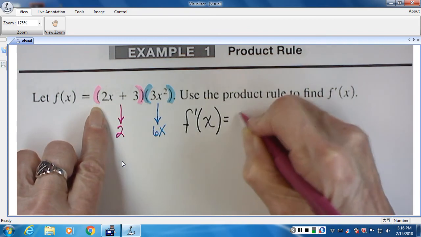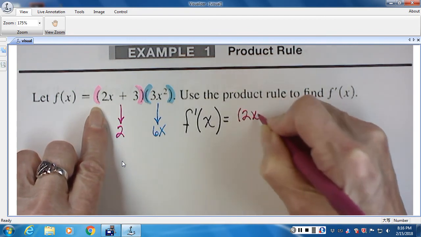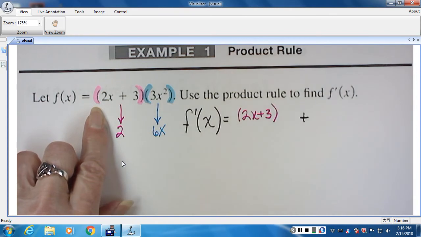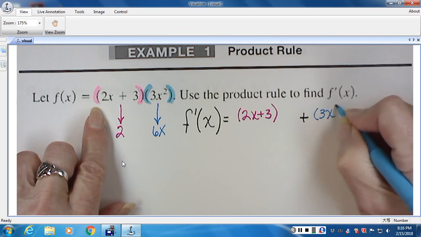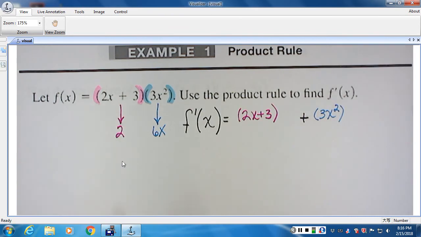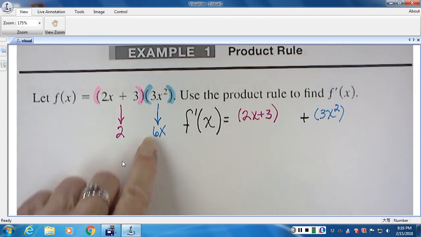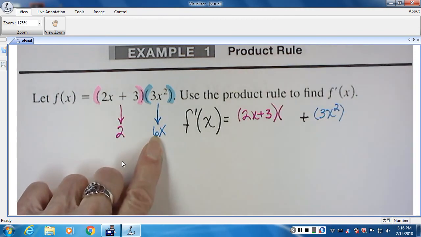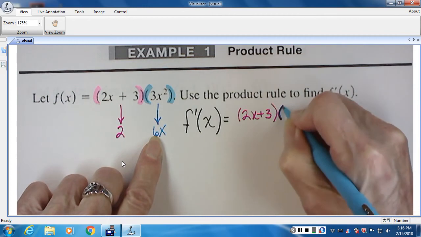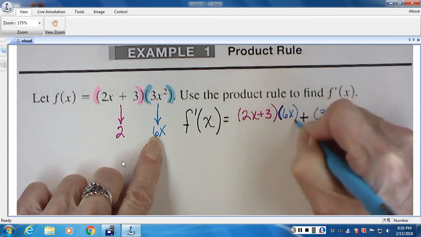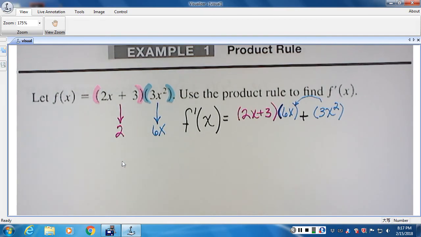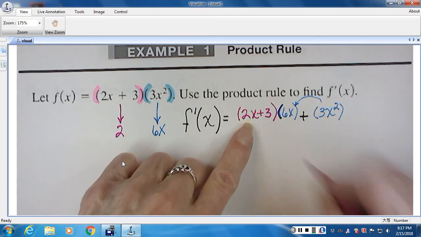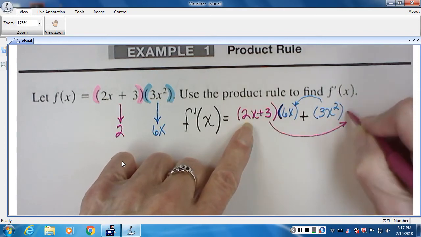In this case, the first factor is 2x plus 3. And your second factor is 3x squared. And then they're going to swap each other's derivatives. The derivative of the second one is going to be multiplied times the first one. Okay? And then the derivative of the first one is going to be multiplied times the other factor.